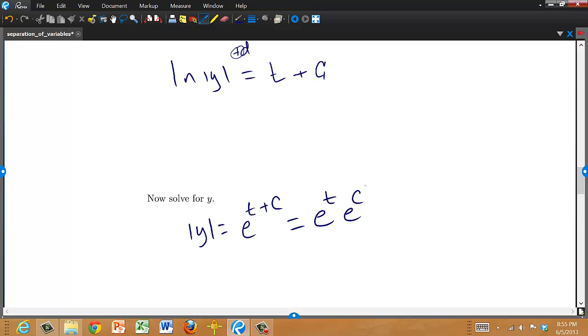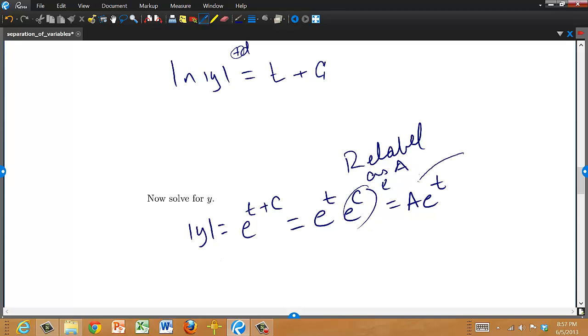e to the c is just an arbitrary constant, so we'll call that a times e to the t. Okay, so we're relabeling this as a. Relabel as a.